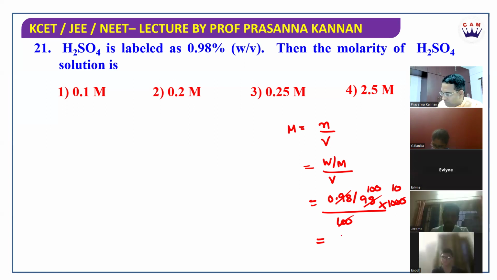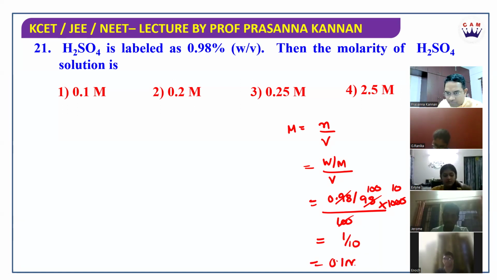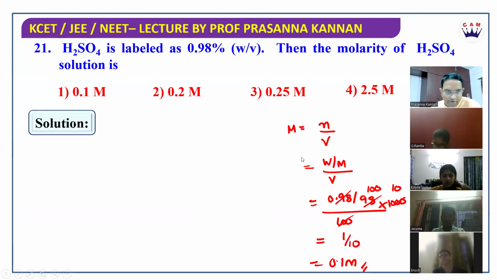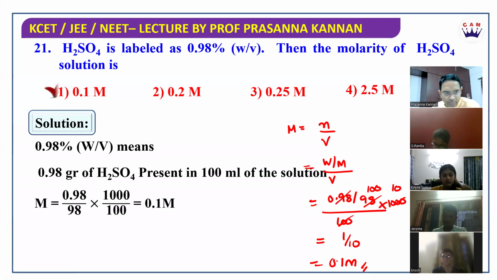So 10 by 100 is 1 by 10. That's all, Ranika. How did you get 0.2? Okay. Fine, guys. It's very simple.